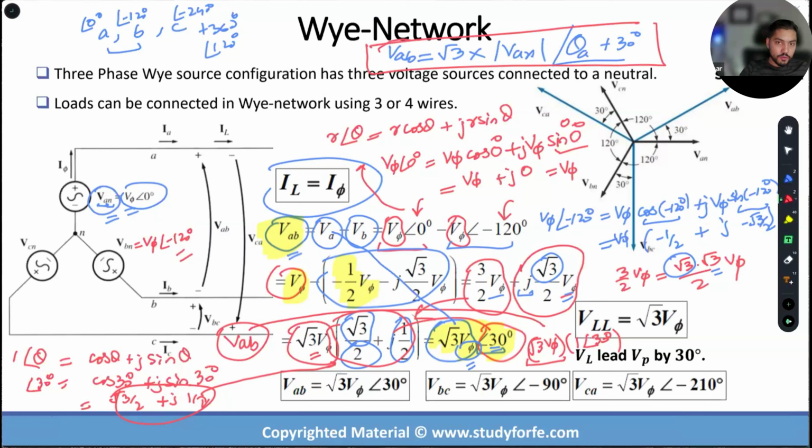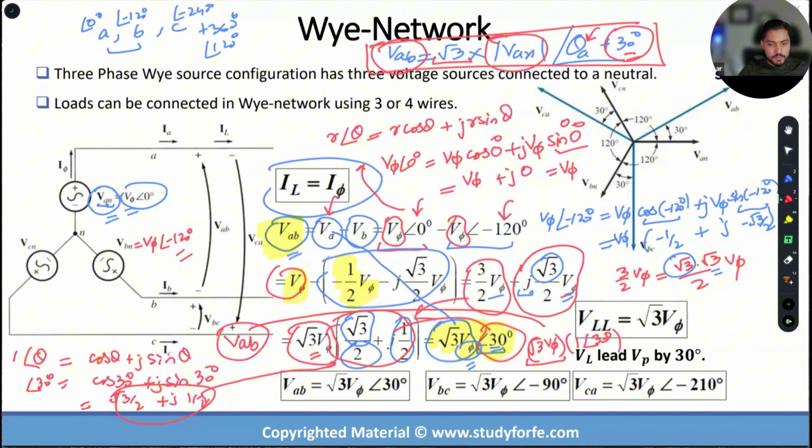That my line-to-line voltage is equal to square root 3 times the magnitude of phase A voltage, or the phase that appears first in the line-to-line voltage, with an angle that is 30 degrees larger than the angle of that phase.